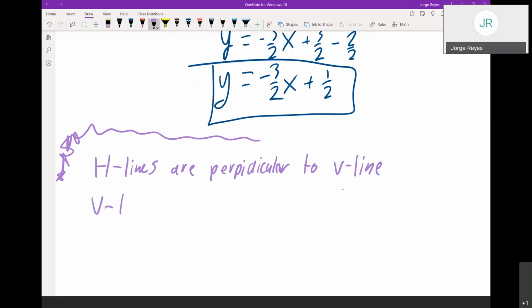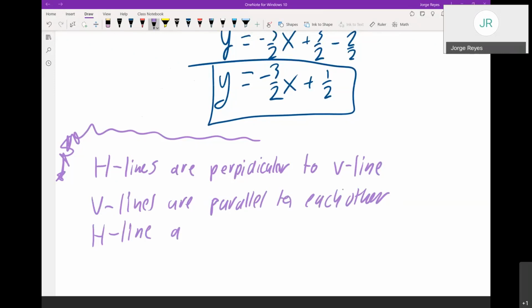And then vertical lines are parallel to each other, and so are horizontal lines, parallel to each other.